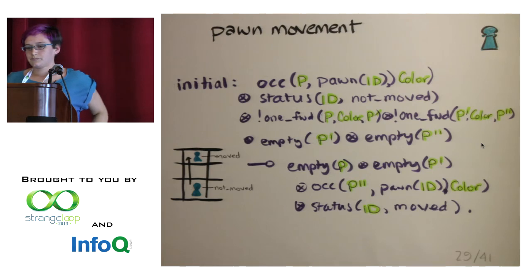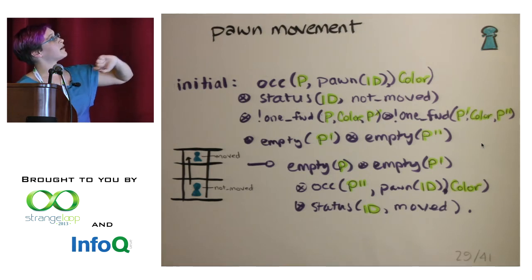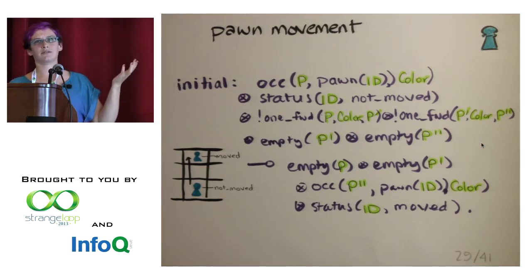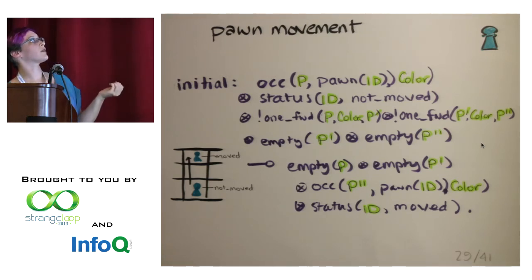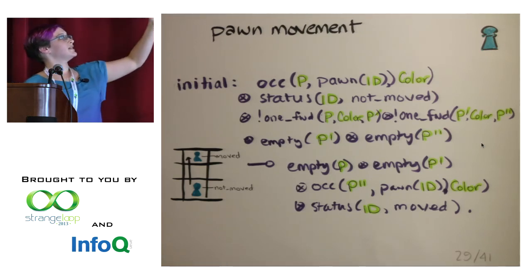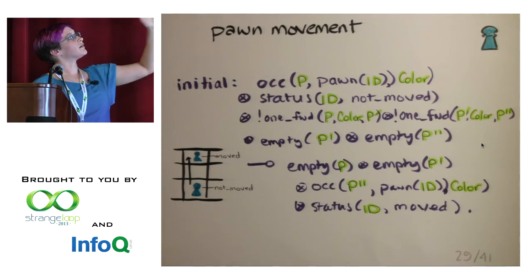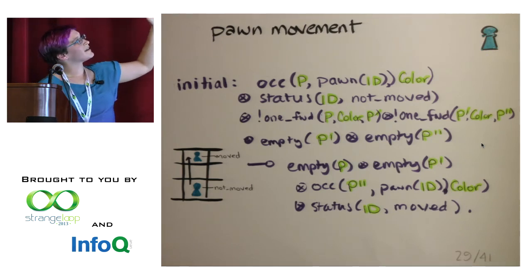Okay, so again, we say that the pawn of some ID, so there are multiple of them, so we have to figure out which one we're talking about. So the pawn with some ID is in the space P with the color, and it has not been moved yet.